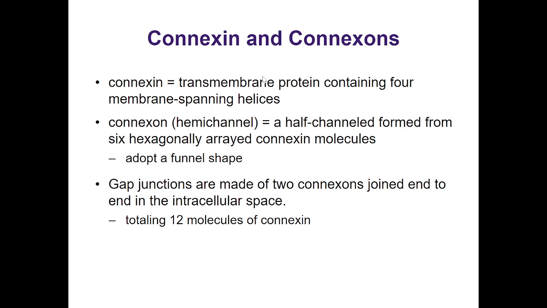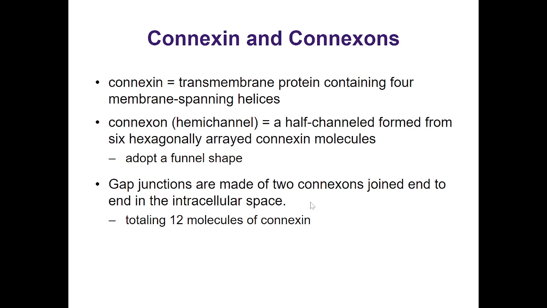It'll contain the 4 membrane-spanning helices. You start putting those together and you get a what? Connexon, right? At this point, it's half of a channel, so it can also be called a hemichannel. At this point, you are a hexagon, by the way. So they're 6 hexagonally arrayed connexin molecules. They will adopt a funnel shape.